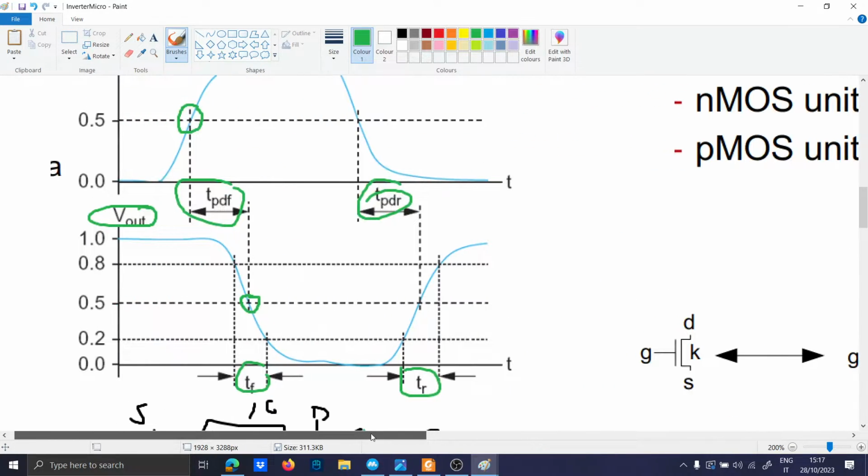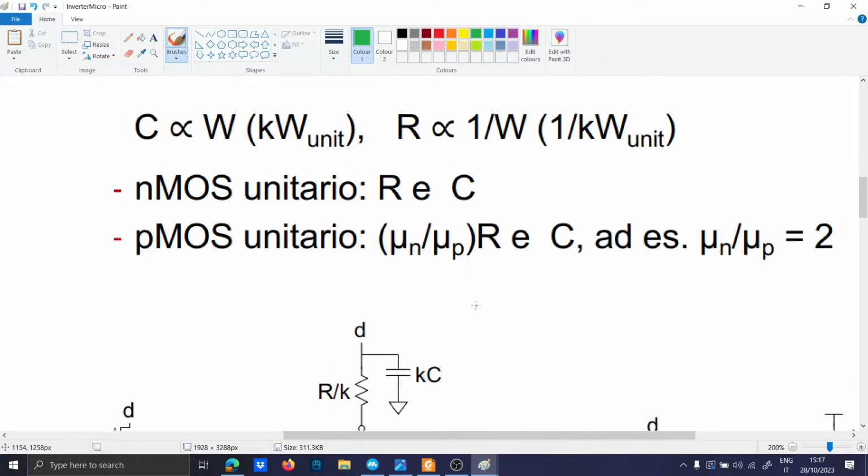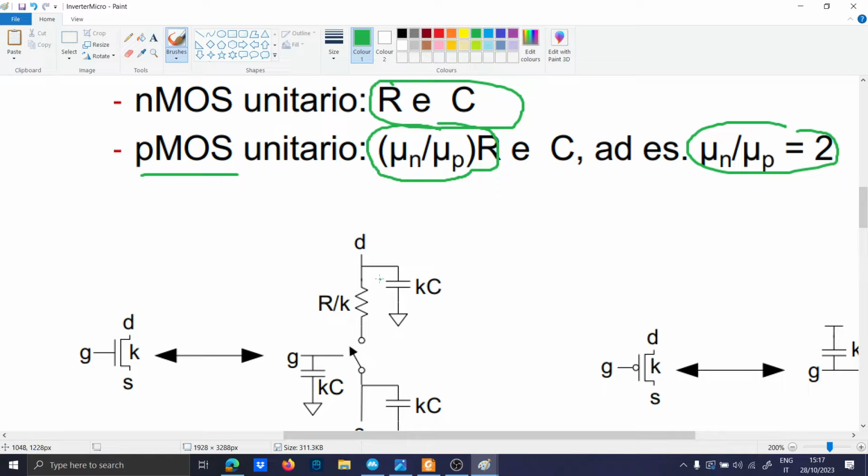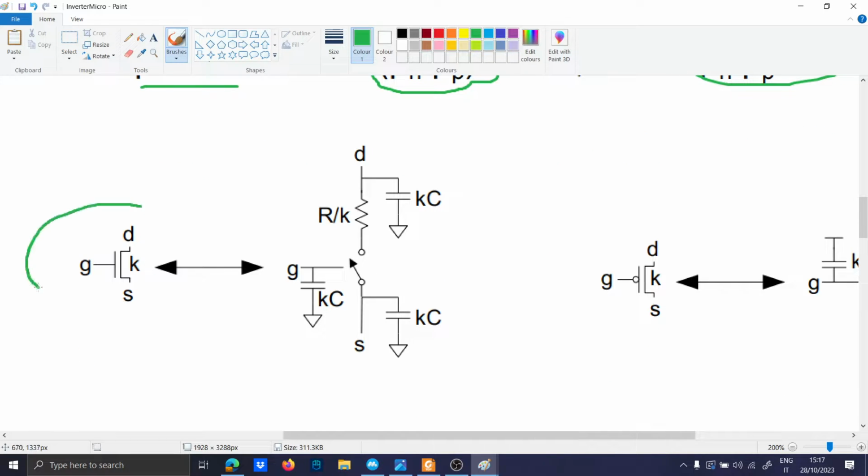To understand why there is this kind of delay, you can use the approximation of the switch, like an RC model. If you use this model here, you have to remember that the PMOS is bigger, so you will have the ratio between mu N over mu P times R, and for instance it can be equal to 2. So this is an NMOS.